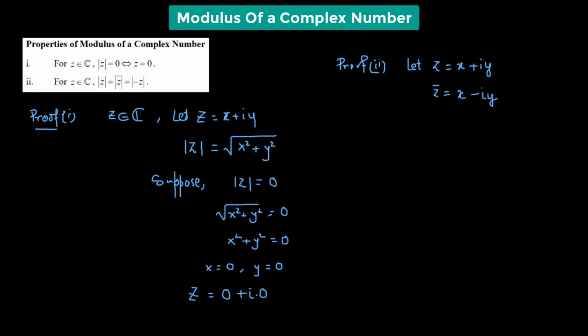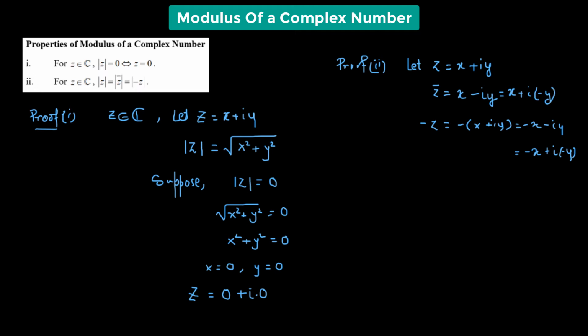Then we take the original complex number z and multiply it by negative 1. So we have negative multiplied by x plus iy, which gives us negative x minus i times y. Written in the standard form, we have negative x plus i times negative y. We could write the conjugate in the standard form, and that would give us x plus i times negative y.